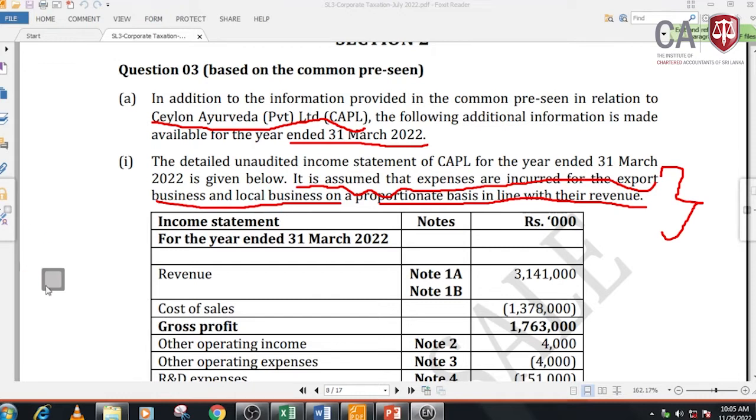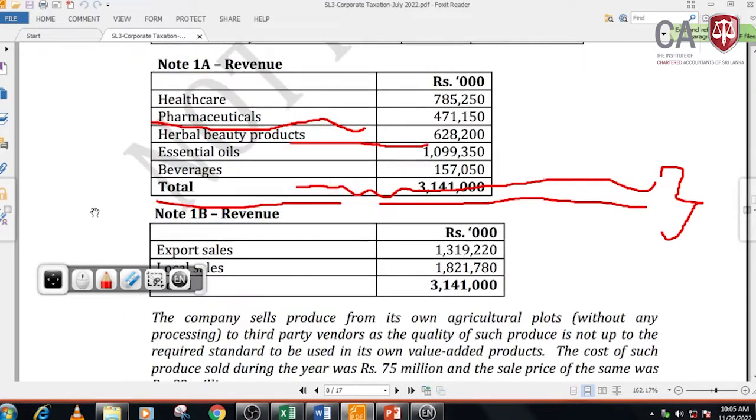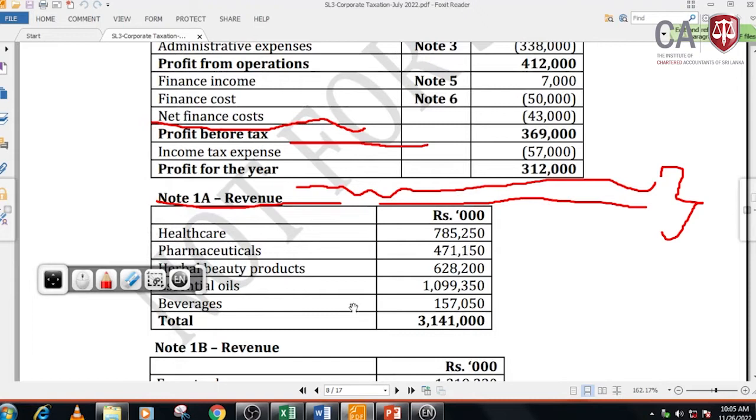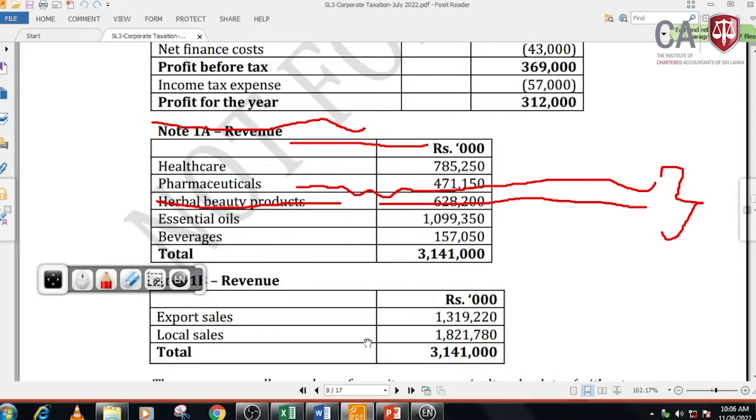Now if I have taken, you can see in here the revenue as I have shown you, sub-revenue categories given, and also in that paragraph, export sale and local sale given. Then it's easy for you to take the understanding of this.